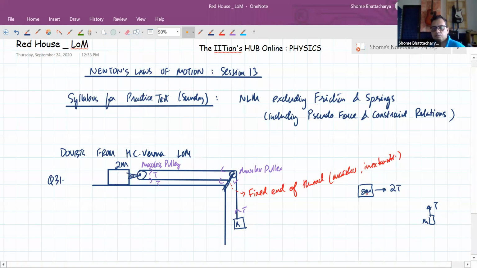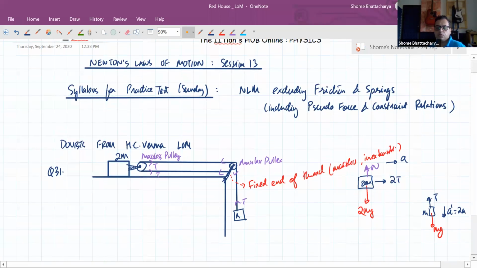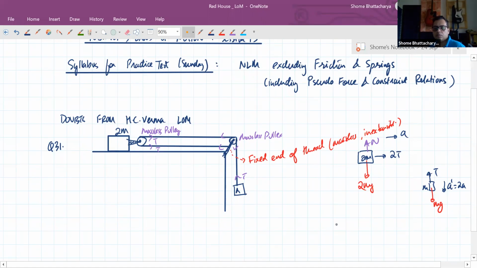Of course, apart from that there is 2mg, mg, and normal reaction here. But then what you understand is that this one, if it has an acceleration A, this will have an acceleration A prime which is twice of A. Okay, so you can work that out by virtual work or by method of thread length conservation or whatever you like.